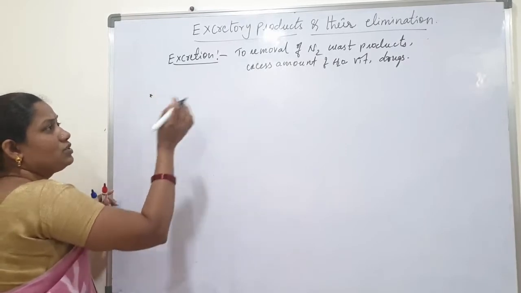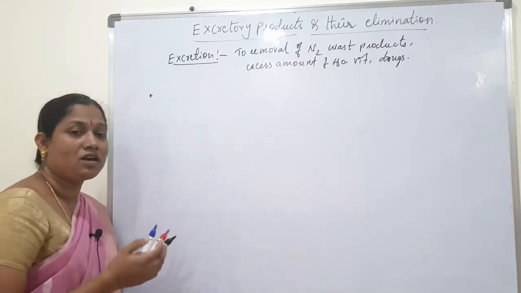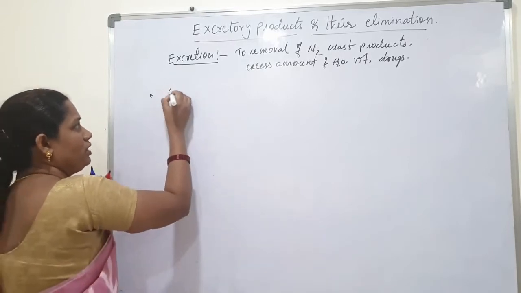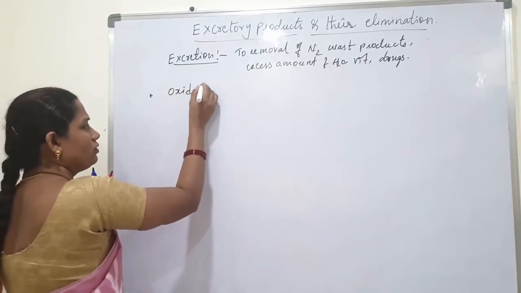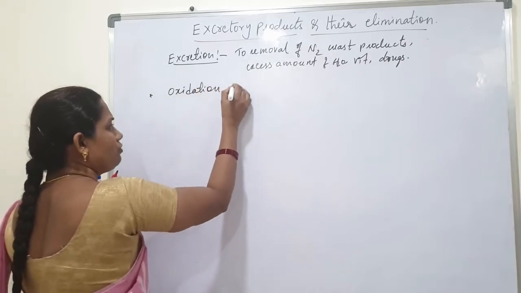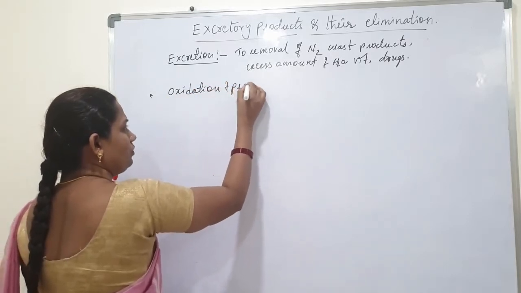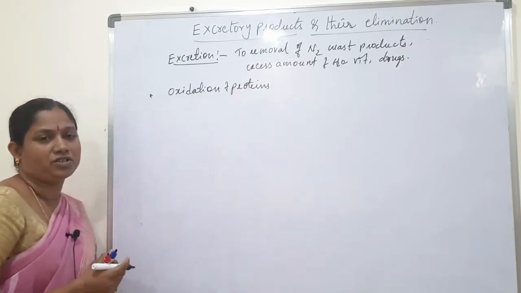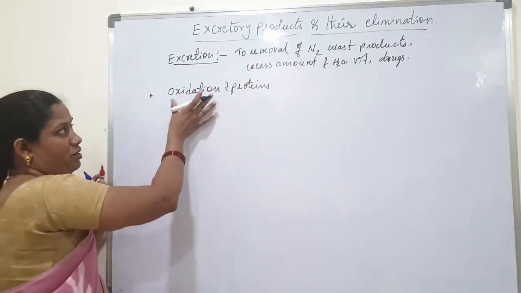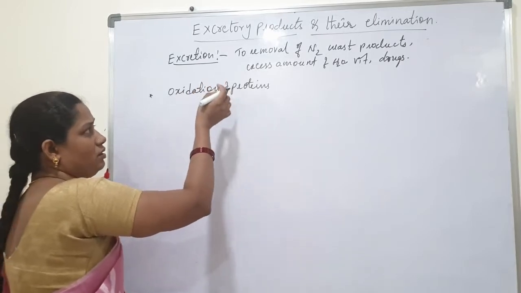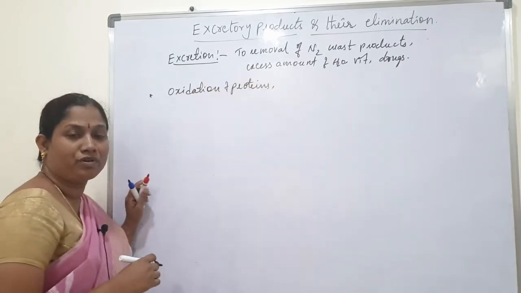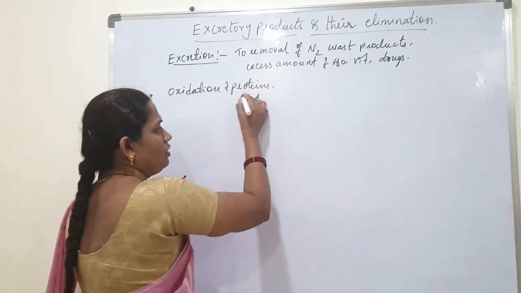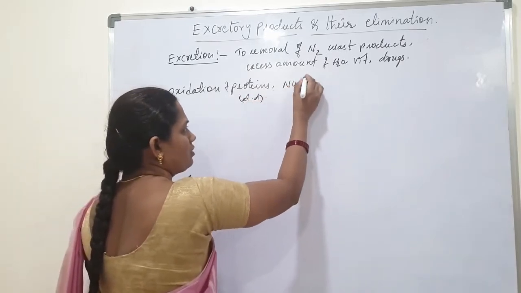Next, these nitrogenous waste products, where and when are they formed in our body? During oxidation of proteins, during the energy production process, protein metabolism or amino acid metabolism, and also nucleic acids.